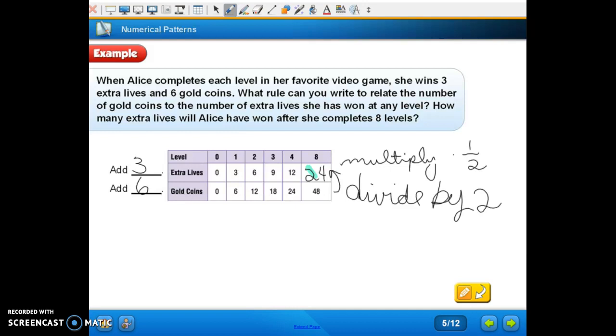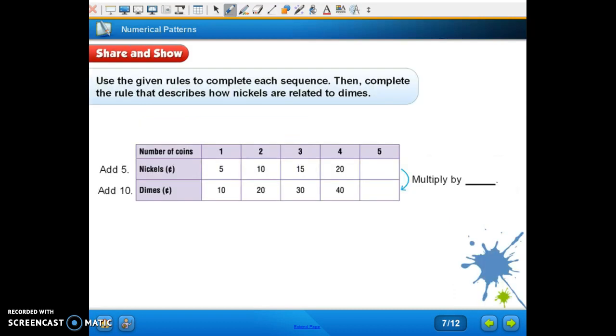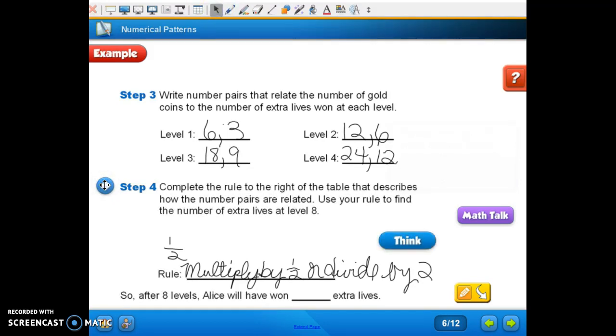That would be level 7. And 6 times 8 would be 48. So after 8 levels, how many extra lives are there? 24.